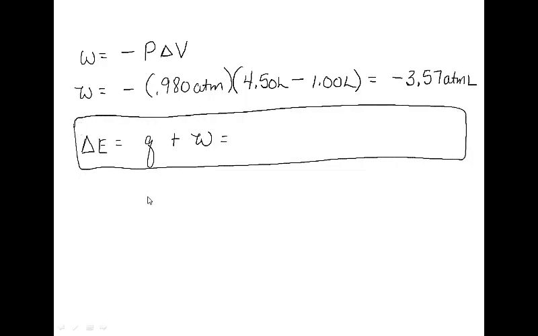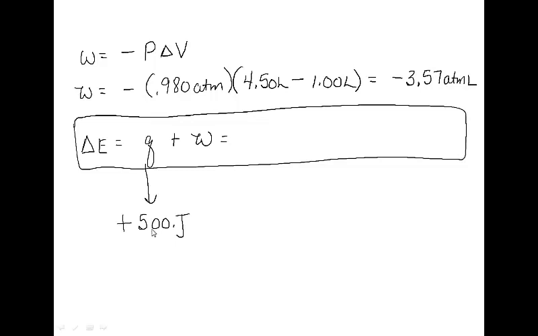Okay, if I look at the problem, it tells me 500 joules of energy flow into the system. I am not calculating the heat transfer. I am given it, so I have to interpret. Since it says flows into the system, my energy is going to be 500 joules.